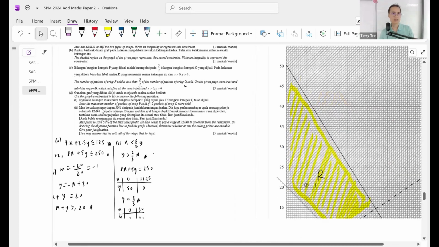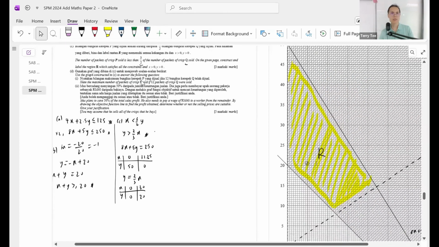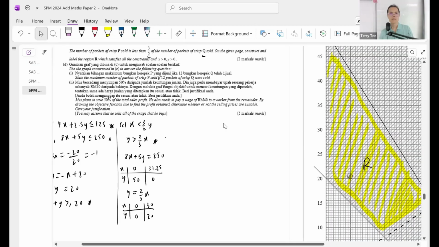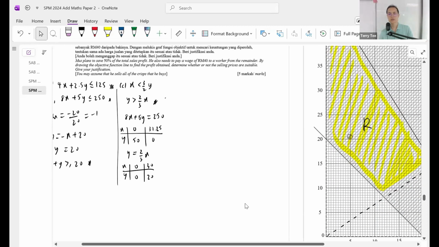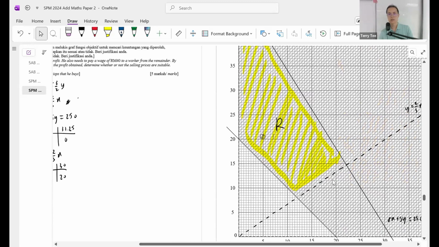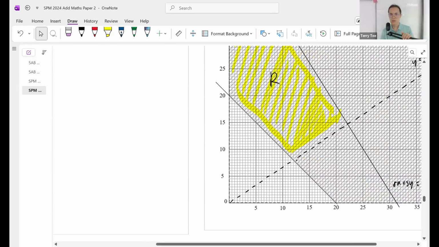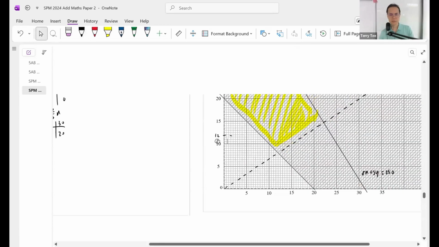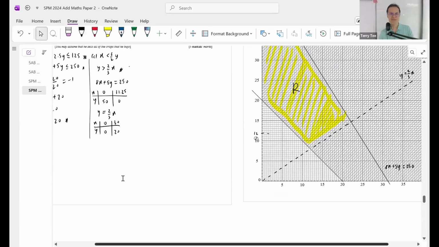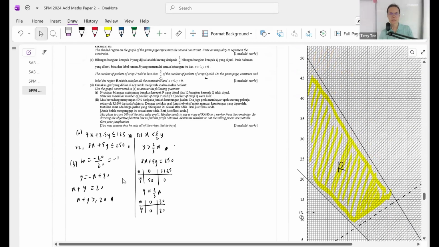The next part, they say, state the maximum number of packets of crispy if 12 packets of crisp Q are sold. So 12 is your Q, Q is your y. y is 12. Find the maximum.